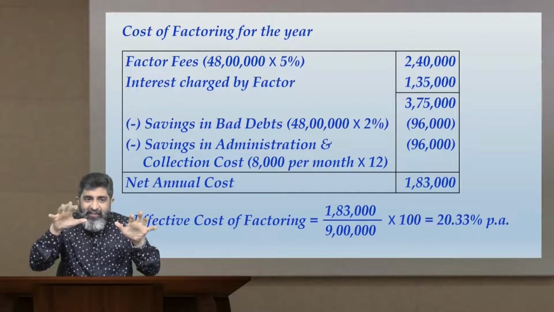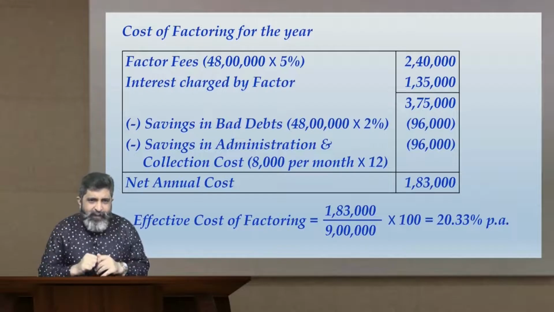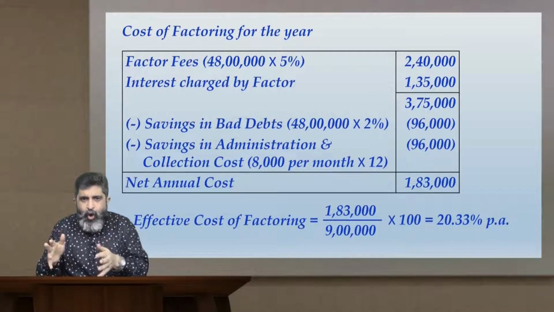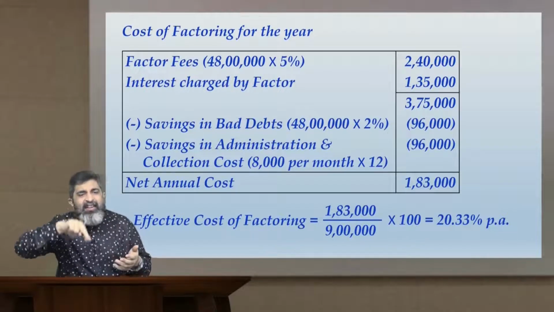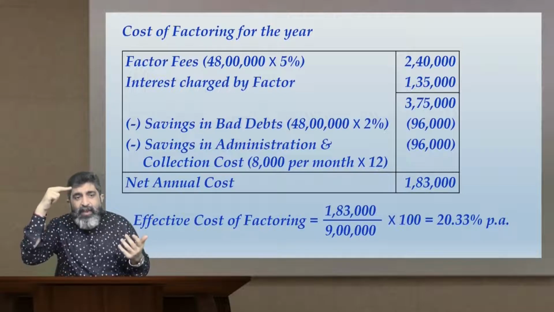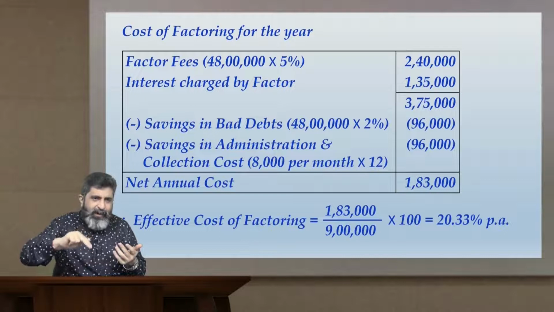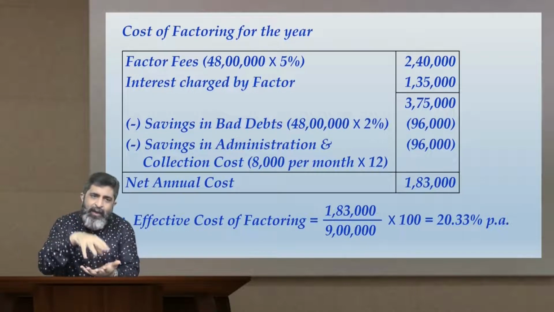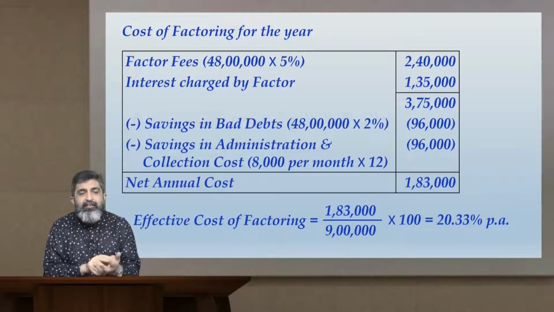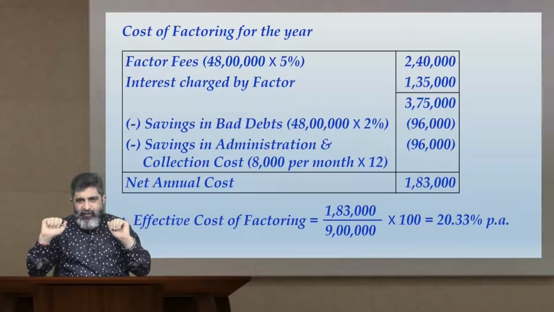How much advance will the factor give me? 75% of 12 lakhs, or you can say 12 lakhs minus 25%, whatever you feel like. Either way you will land up at an advance amount of rupees 9 lakhs. Can we agree on that? 9 lakhs will be the amount of advance.